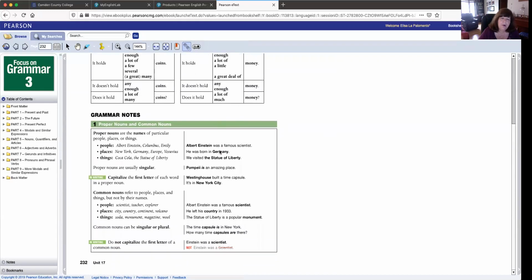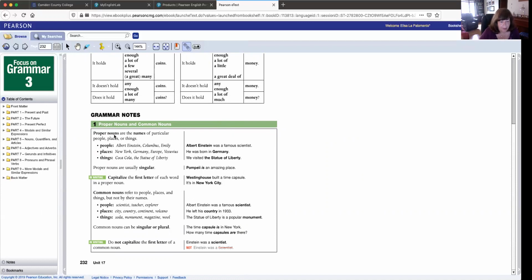All right, the next part in the grammar notes, you should be able to recognize most of this because if you had writing one last semester, we did this. Okay, so this is a repeat. Here we talk about proper nouns and common nouns, and you should already know that a proper noun is the name of a specific place or thing, person.